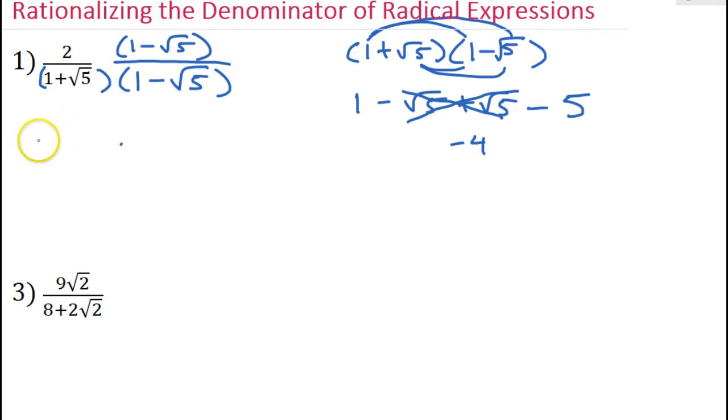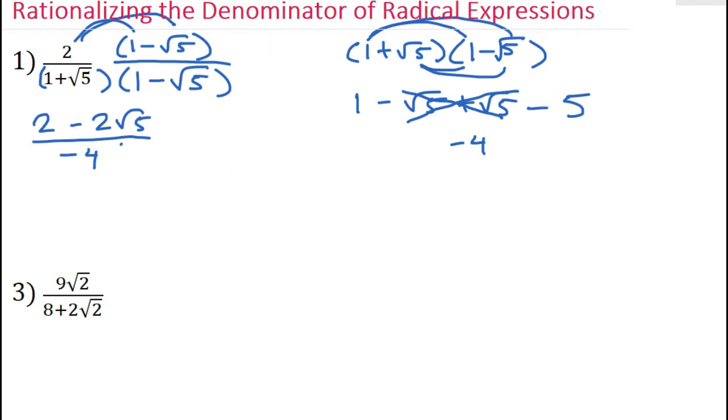So that's why on my next step in the denominator here, I'm just going to have negative 4. Now, in the numerator, I am doing the distributive property, so this is going to become 2 minus 2 radical 5.